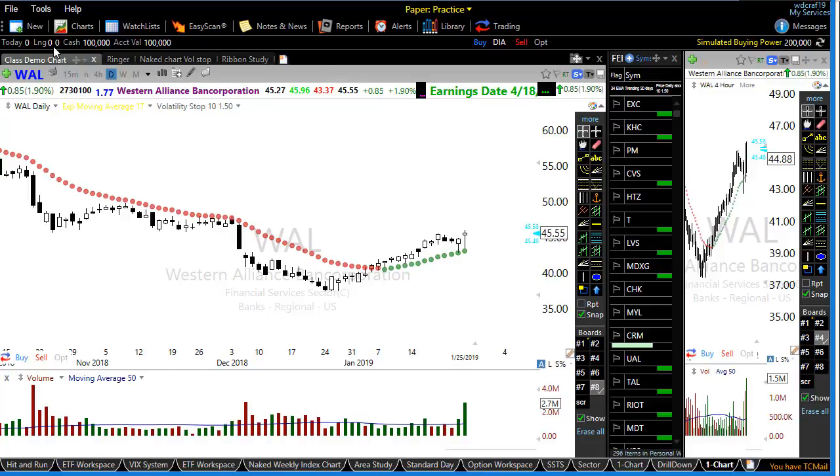For example, the naked chart with a volatility stop, you could have that as a daily, an hourly, a 4-hour, all the same chart but different time frames laid across there. So it makes it very, very easy to customize TC2000 to work exactly the way you want it to work.